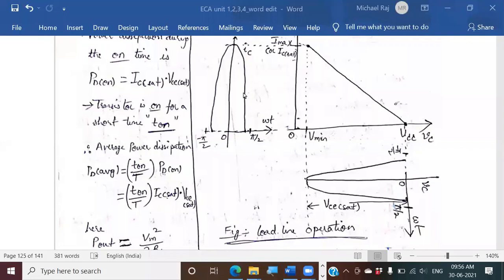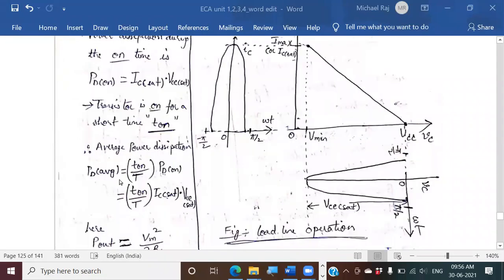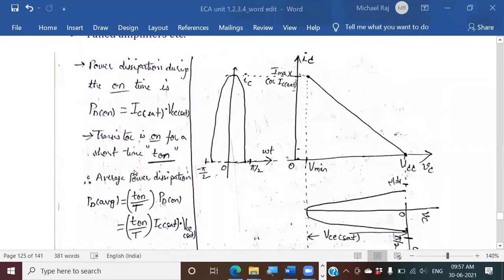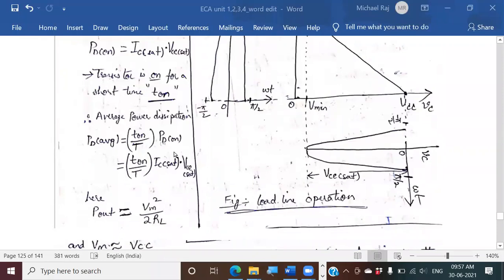The power lost in circuits is usually dissipated in the form of heat, so we call it power dissipated. That is why we have PD. Because we are dealing with the average of the signal, and it is unwanted, we use the term power dissipation. So this is the expression for PD average.